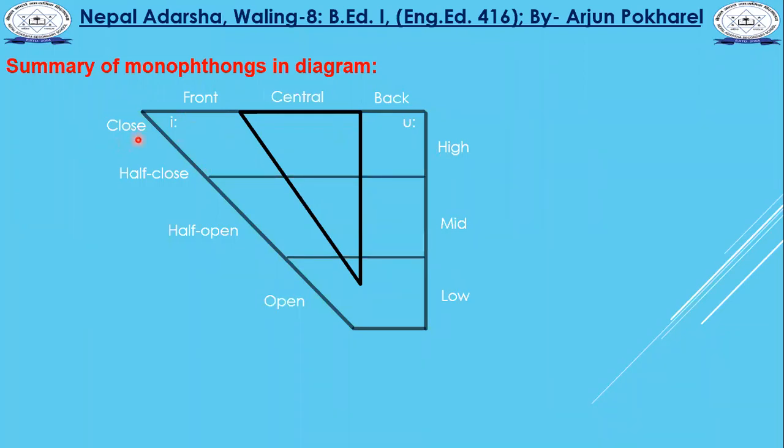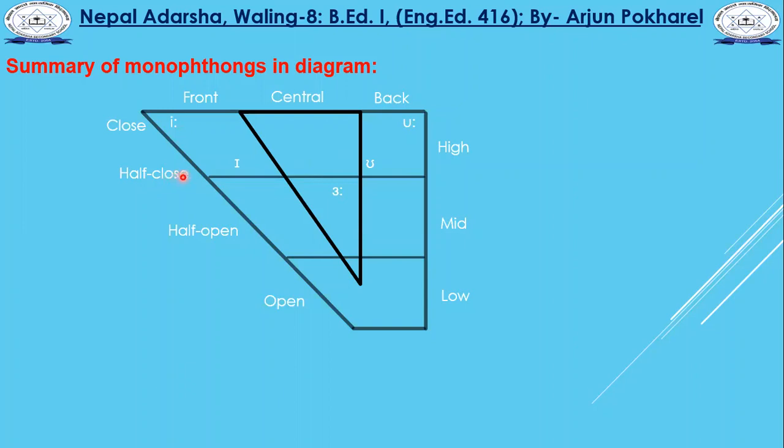According to British pronunciation, these two are closed vowels. But according to American pronunciation, these two are high vowels. There are also other high vowels according to the American classification. Now see these three, which came here.